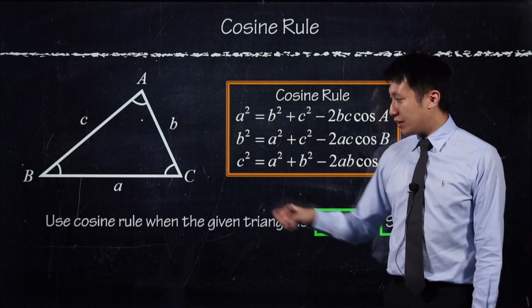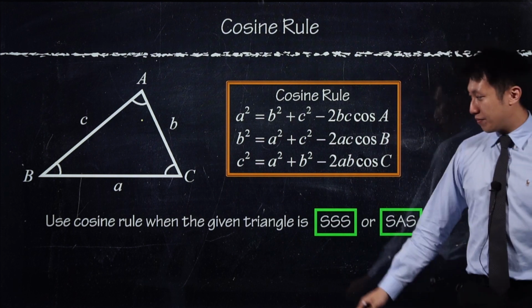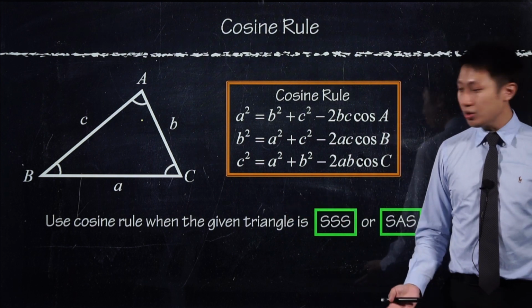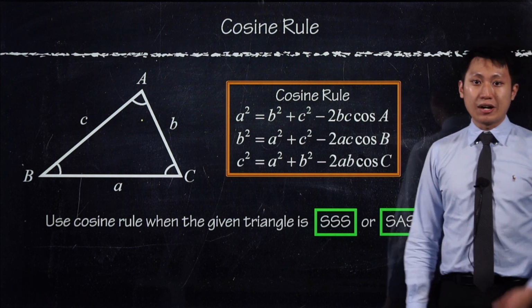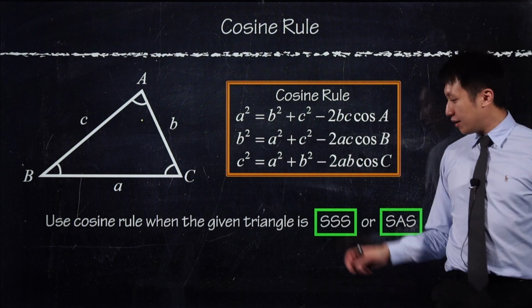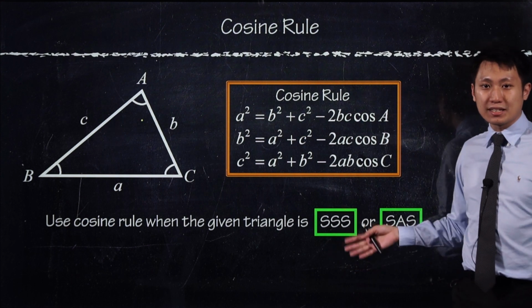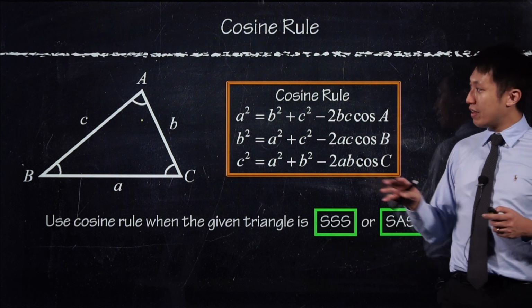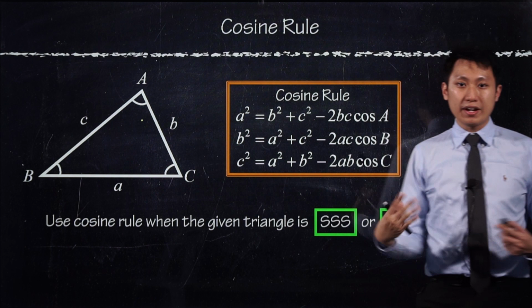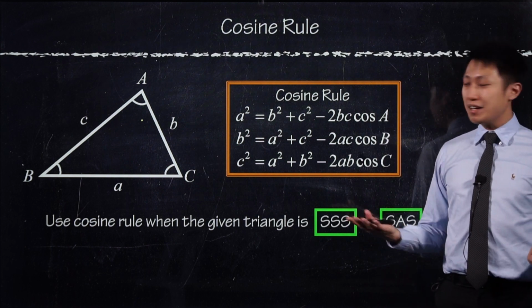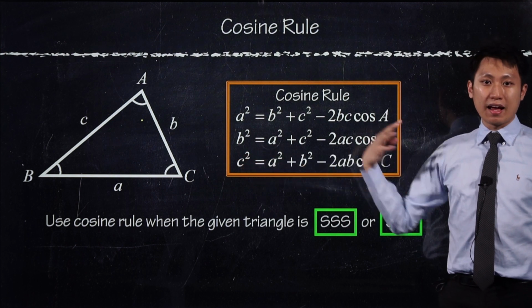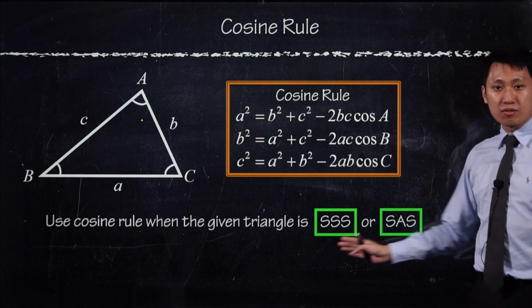So like I said, you use cosine rule when it is SSS or SAS. I don't want to force you to remember SSS and SAS, but if you look at the triangle and have a good feeling about how to solve it, then you don't have to remember all this.